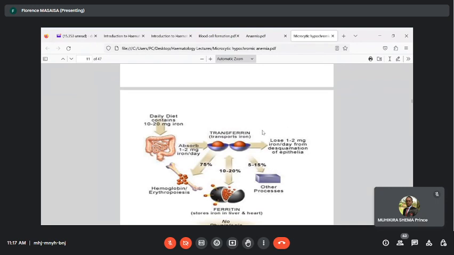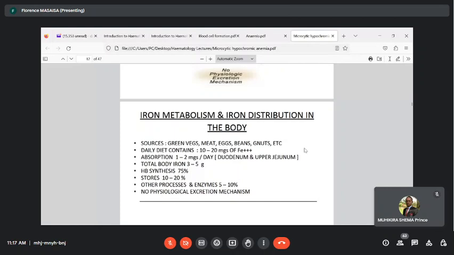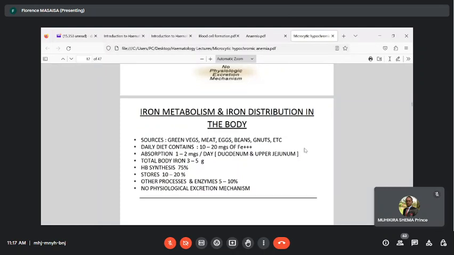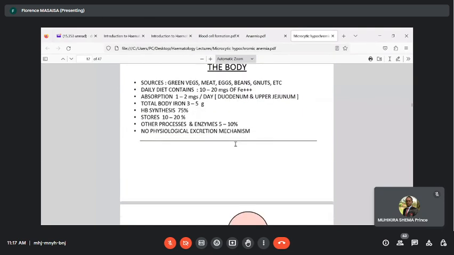Then the daily loss is around 1 to 2 milligrams from desquamation of epithelium. What does it mean? Meaning that there is no physiological mechanism to excrete iron which is there. So we have said all this. The storage of iron is around 3 to 5 grams. There is no physiological excretion mechanism. We have seen that.